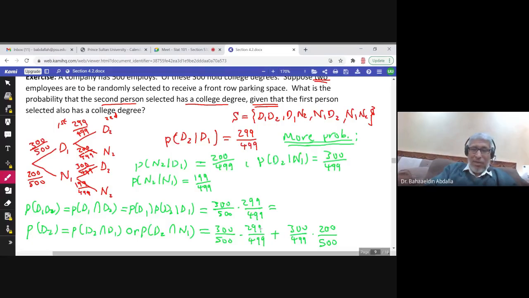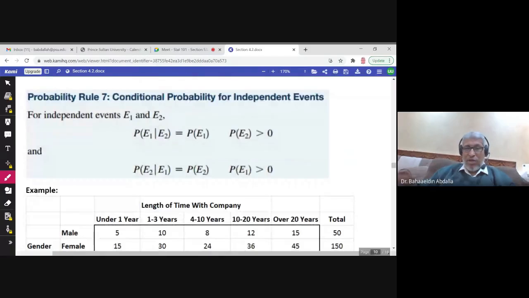Okay. Let me end this lecture by talking about conditional probability for independent events. Two events are independent if the occurrence of E2 does not influence the probability of E1. So we know the probability of E1. Now, given E2, what would be the probability of E1? If they are equal, this means that E2 has nothing to do with E1, does not influence E1, because we have the same probability.